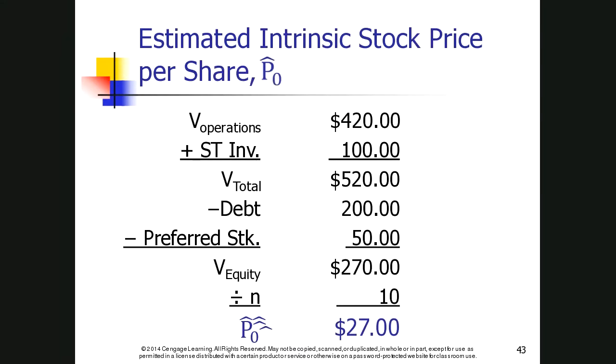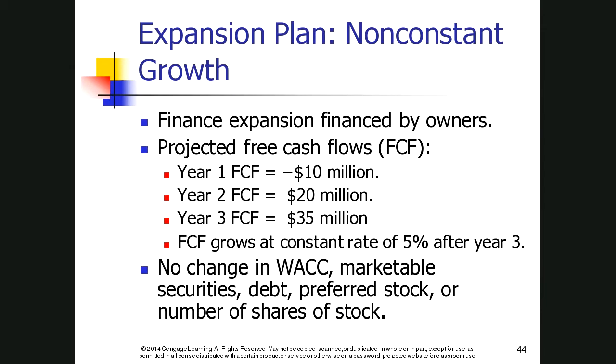Okay, so similar to the discounted dividend method, we can also have a high growth rate in the following years and a lower long run growth rate in the future. For example, we can have a projected free cash flow here.